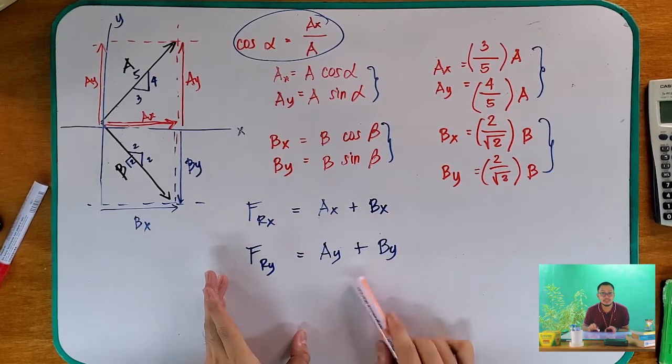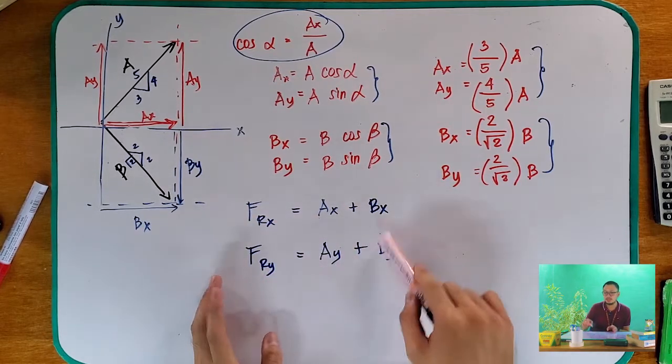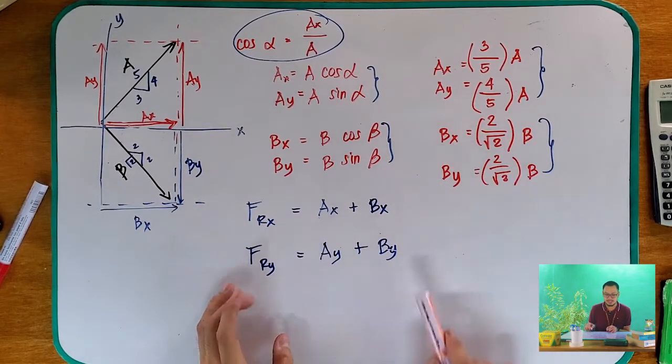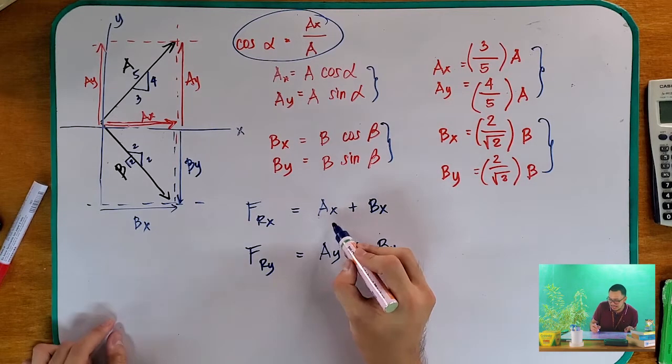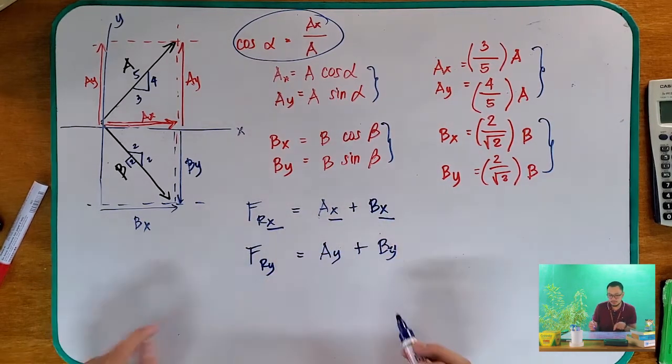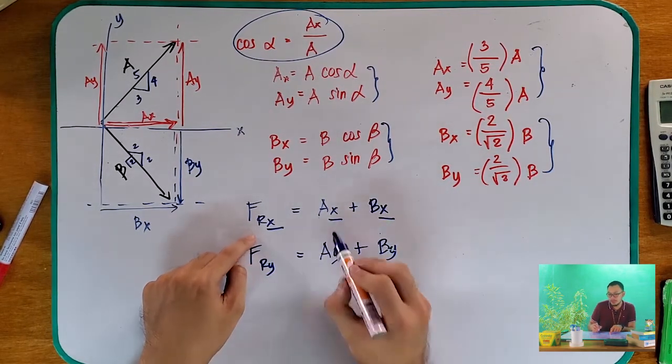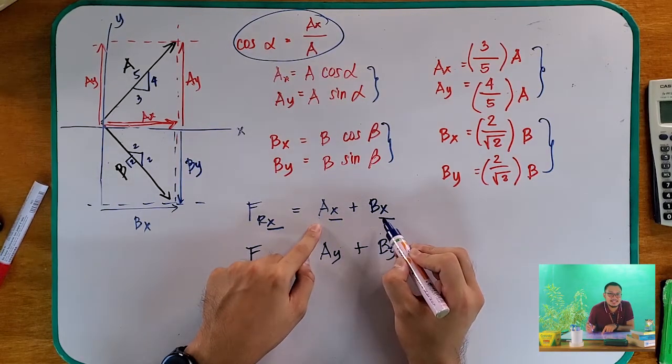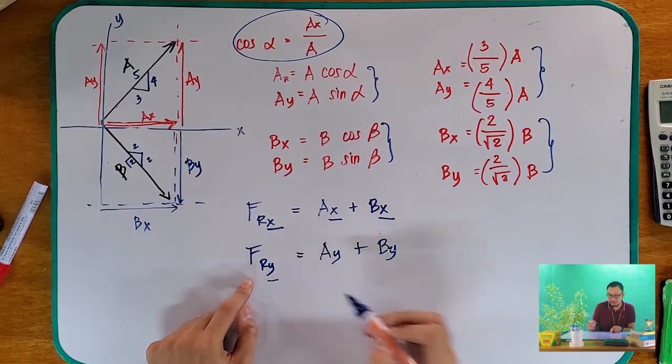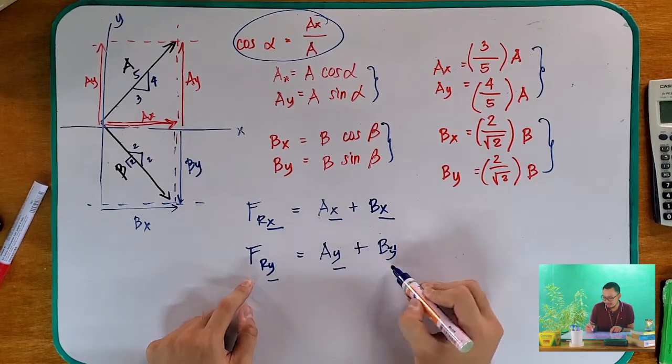And still, you are going to use this one when you add these components. Take note nga, ang x dapat nag-uban. To get your resultant force sa x, you should add the x's. And to get your resultant force sa y, you should add the y's. X's and y's.